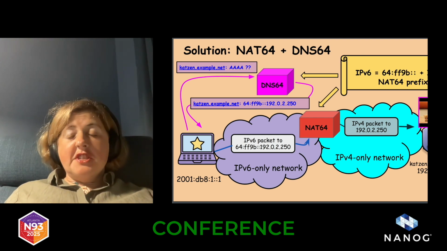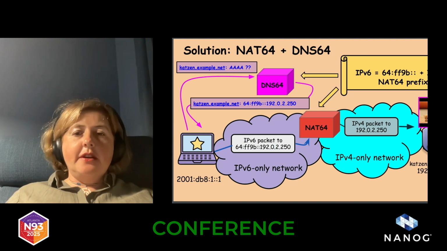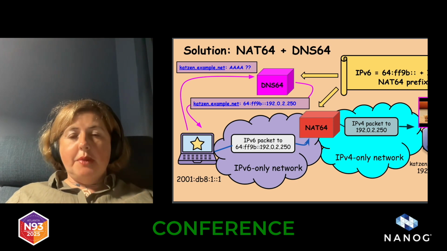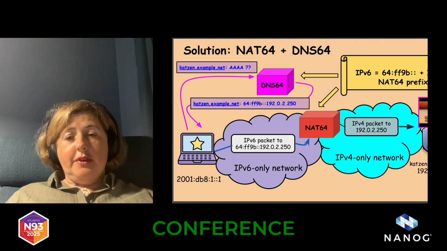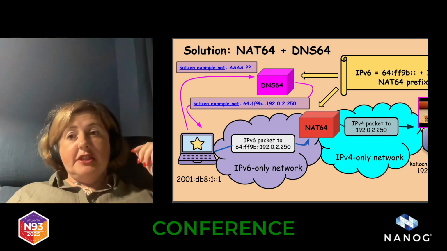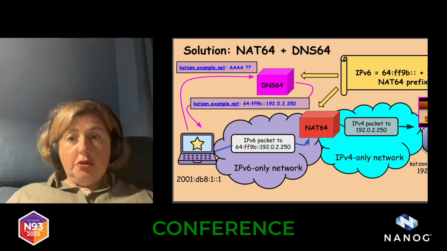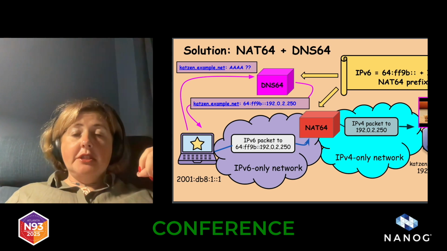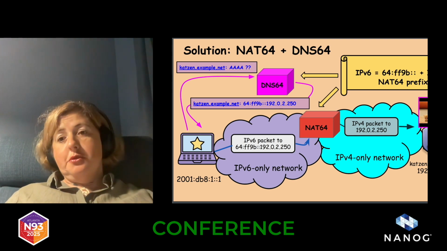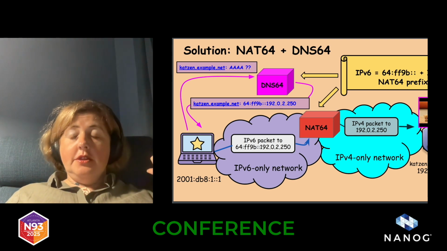So for the client, it's just a normal quad A record, so it will use it to send packets. And then somewhere in your network, there is a NAT64 device which will translate packets which have a NAT64 prefix in the destination, extract the actual IPv4 destination by stripping the NAT64 prefix, and send those packets to the destination.